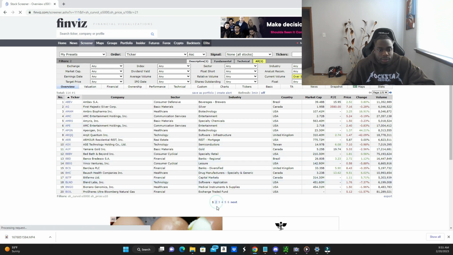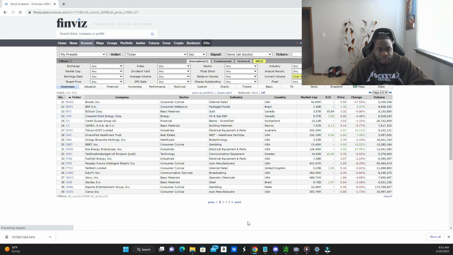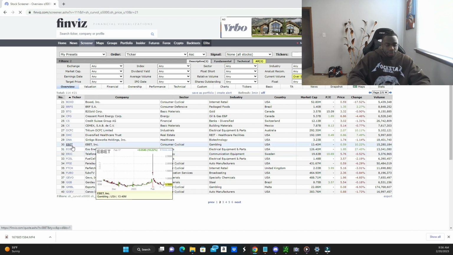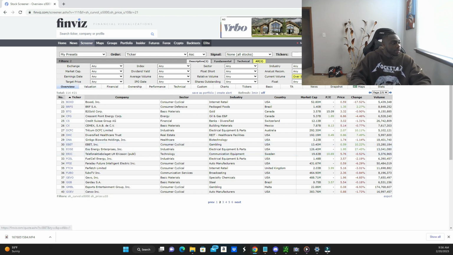You see this list is about 6 pages long, but I just have to go through everything to make sure and put down everything that's over 10%. Make it nice and easy.